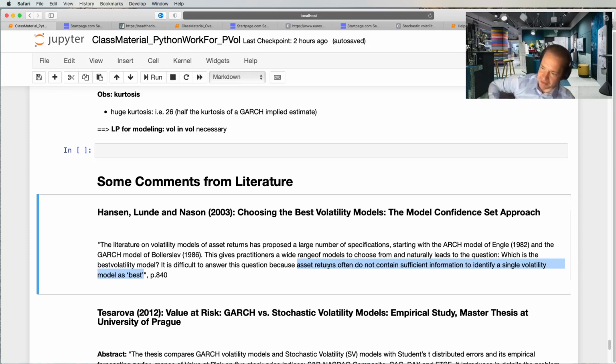And if you never get taught that way, of course, you don't know it. That's why I want to teach it that way. If you don't see why asset returns are not containing sufficient information about vol and you've been following this class, then let me know. That's a first order thing.